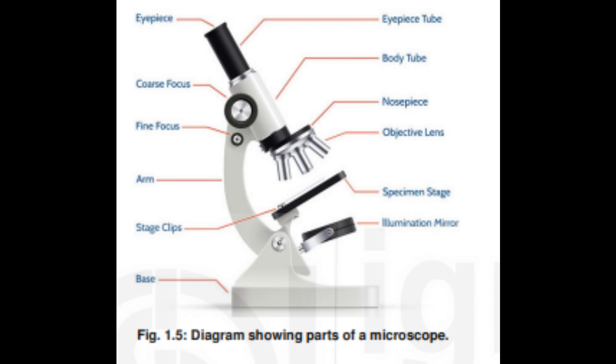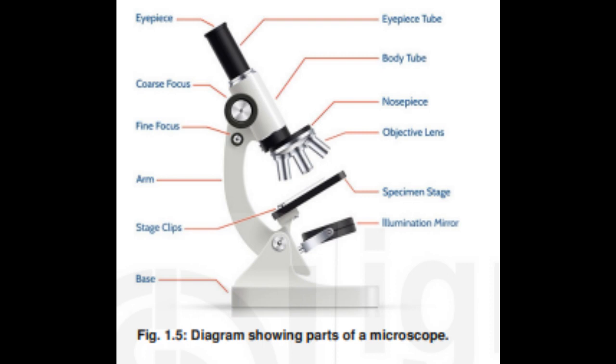One knob moves the slide left and right, the other moves it forward and backward. Nosepiece. The circular structure that screws the objective lenses is called the nosepiece. Objective lenses of varying magnification and numerical aperture are mounted on the rotating nosepiece.